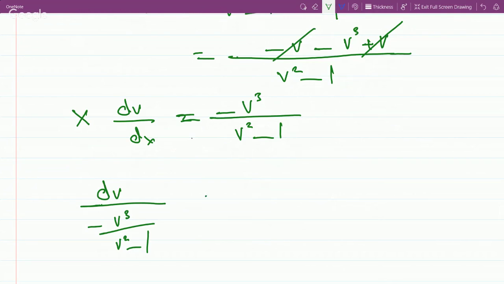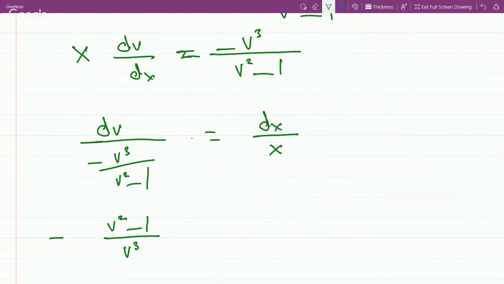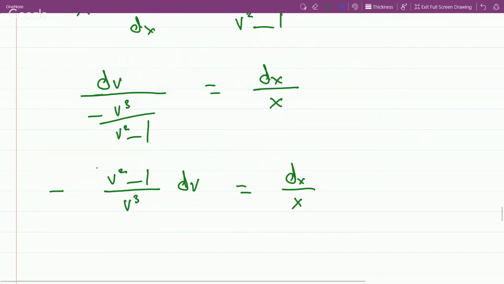I'll do all this in one step: v squared minus 1 over v cubed dv equals dx over x. Now that the variables are separated, we can integrate both sides.